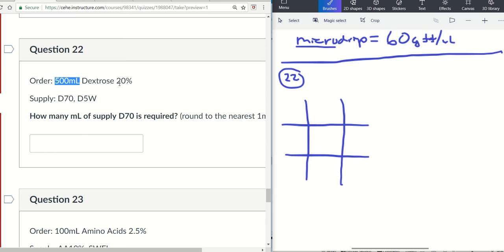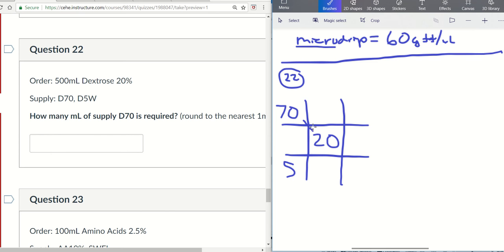So type 1. Order is 500. What do we put in the middle? The percentages, 20. The 500 is your last step. All right, we got supply 70 and supply 5.